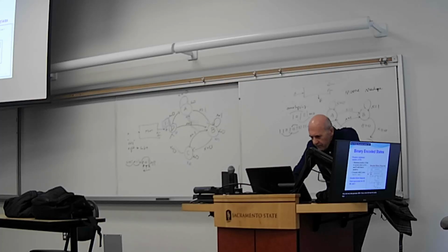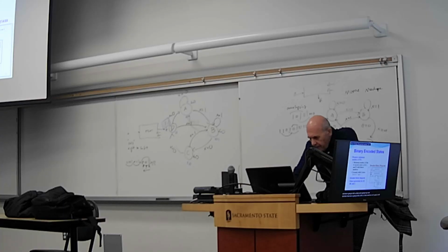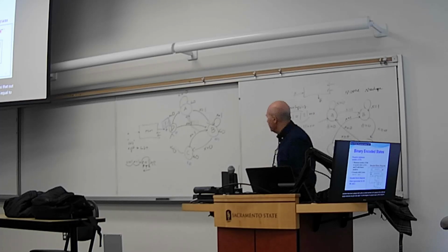There's only one input. Given the current state and X, it tells us where we're going to go next. And these 2 are going to tell us, this is a Moore machine, so whenever we get to state 1,1 on the diagram, it's going to give us Z equal to 1, just like F equal to 1.